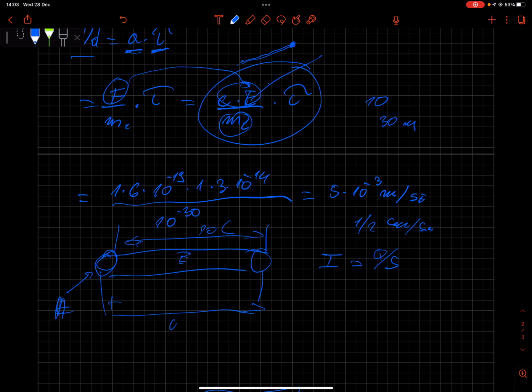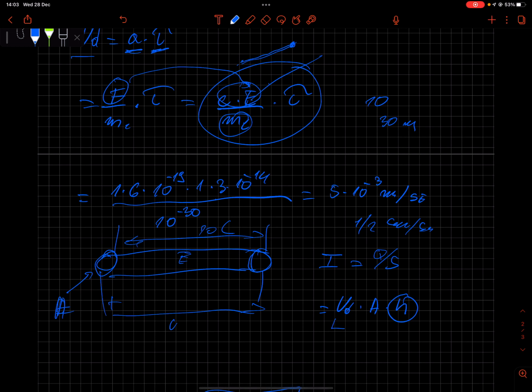So we have the speed of electrons, which is Vd, which we already calculated above, and the number of electrons that will pass through this cross section is A times n, where n is the number of electrons in 1 cubic meter.